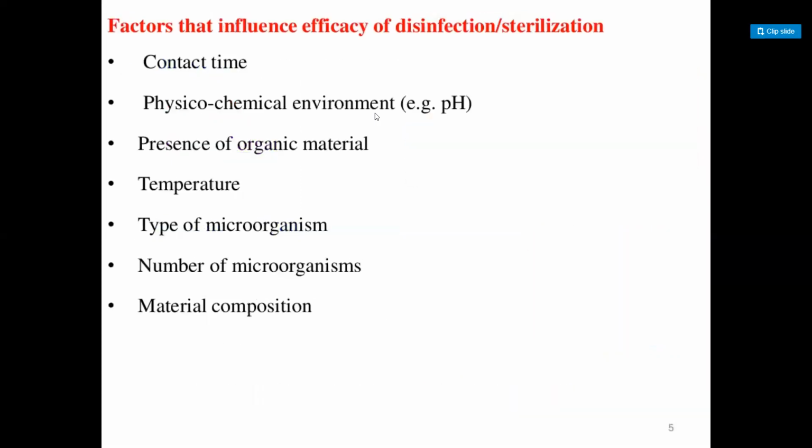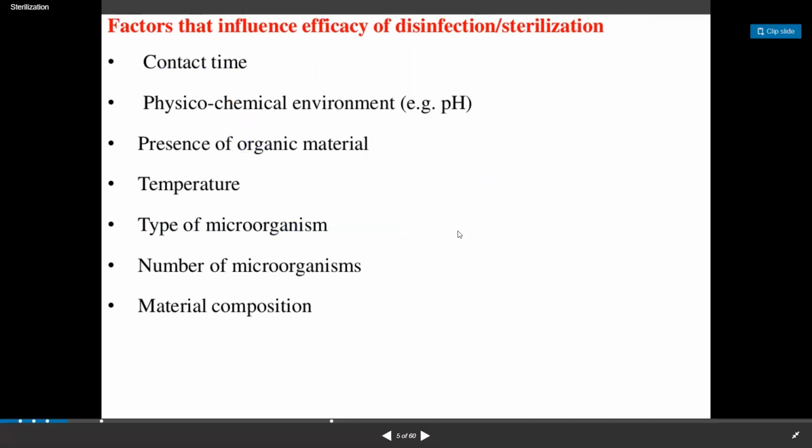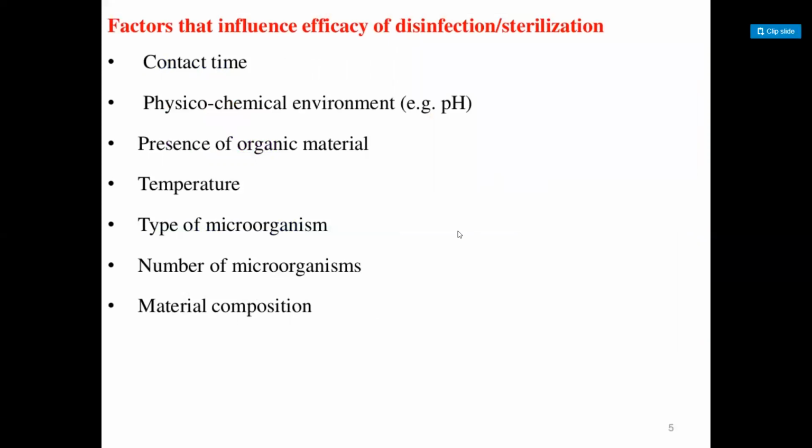Now, coming to the efficacy of disinfection or sterilization. Basically, in this section, what we'll be dealing with are the factors responsible for the efficiency of a particular sterilization. The efficiency mainly depends upon contact time, physicochemical environment, that is mainly the pH, and the presence of organic material.